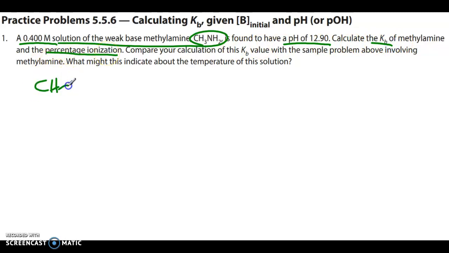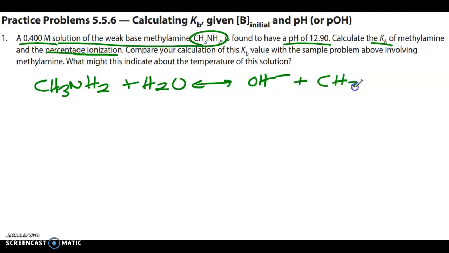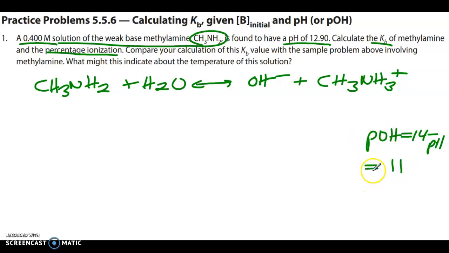Okay, so we have CH3NH2 plus water. That's going to give us our hydroxide and CH3NH3 plus, right? Because they give us the pH, the pOH is 14 minus the pH, so we get a pOH, pardon me, of 1.1.